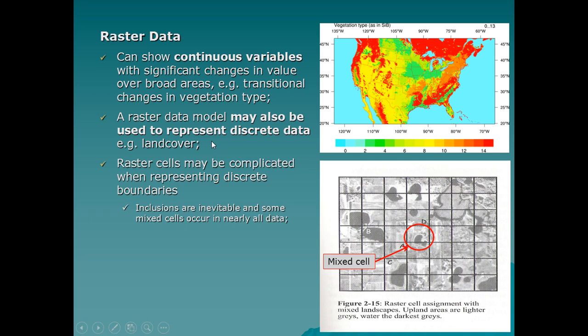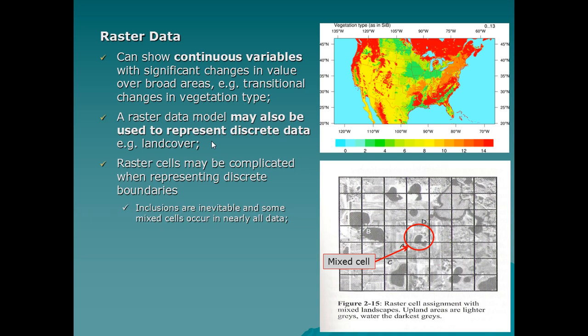Discrete data may be, for example, like what we looked at in the previous slide. If you're representing a road or a river, that would be discrete data. However, the representation has to be appropriately chosen.